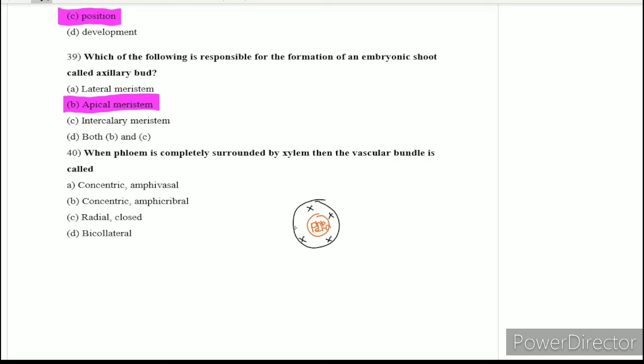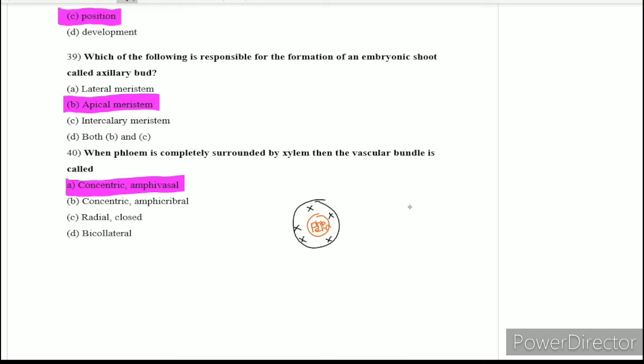The phloem is present in the center and it is surrounded by the xylem. Option A, concentric amphivasal. Option B, concentric amphicribral. Option C, radial closed. Option D, bicollateral. So this condition is called concentric and amphivasal. Option A is the correct one.